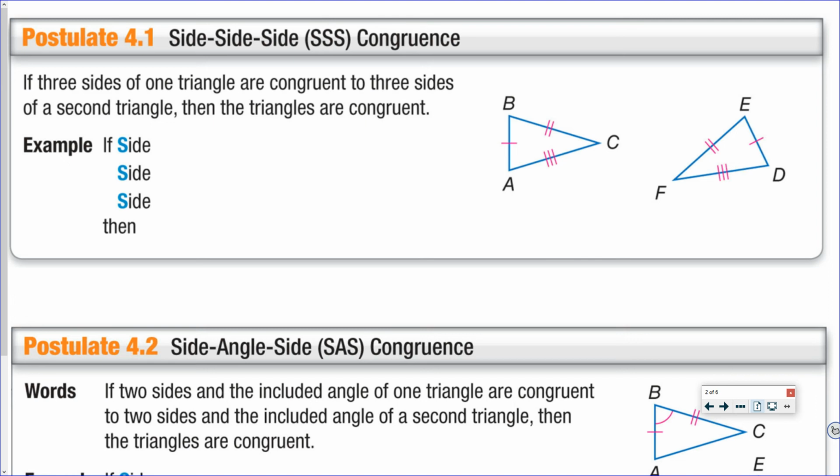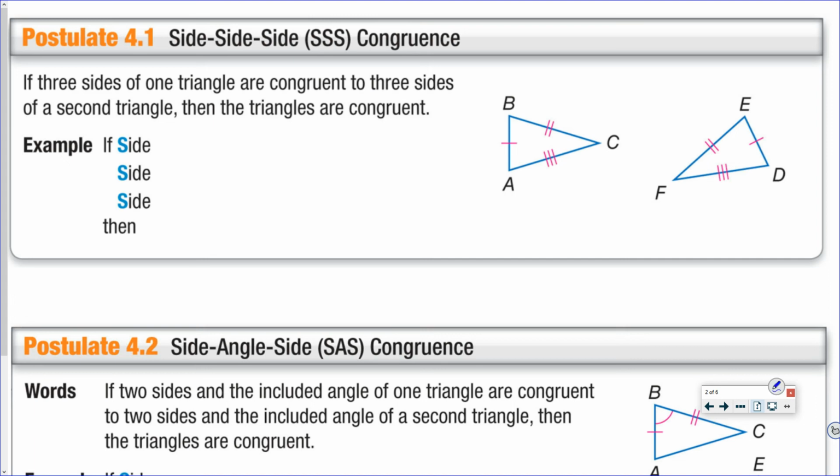Okay. So basically what this postulate says is if you can show all three sides are congruent in two triangles, then the triangles are congruent. This is true. You couldn't draw two triangles with equal side lengths and different angle measures on the inside. Again, you don't have to ever prove this, we're just gonna use it.